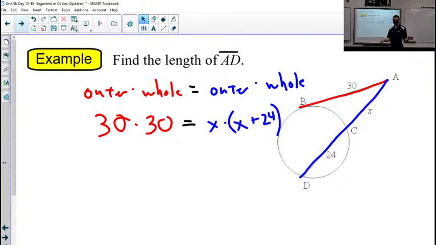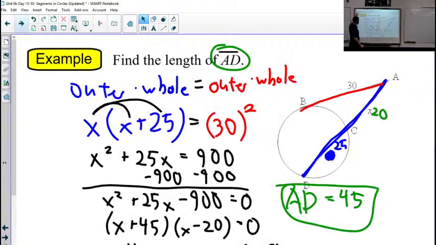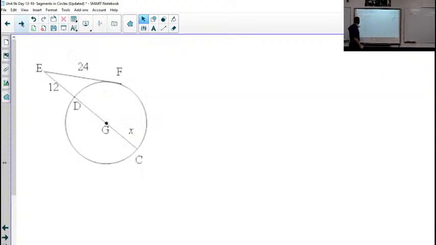In my red, the outer and the whole were the same. Any questions on how that got set up? We'll move on.